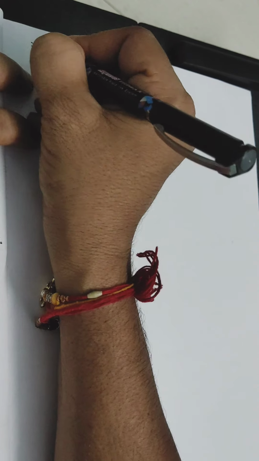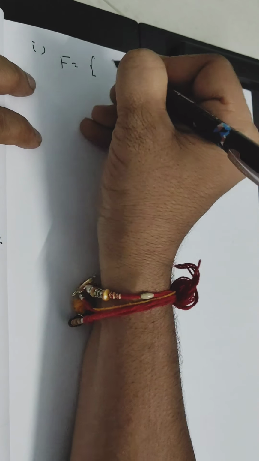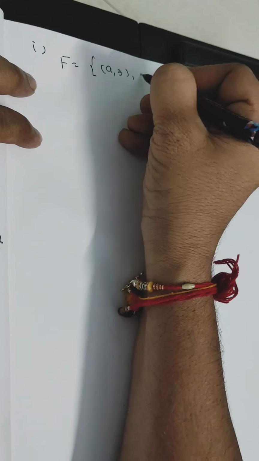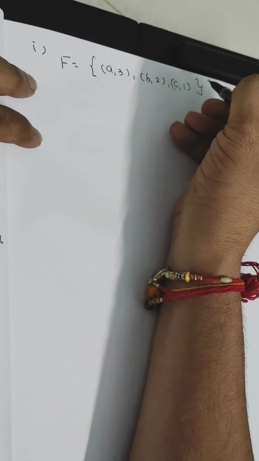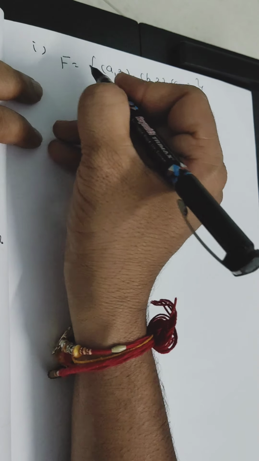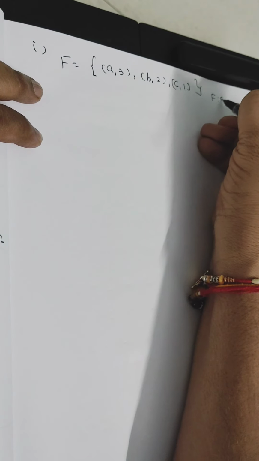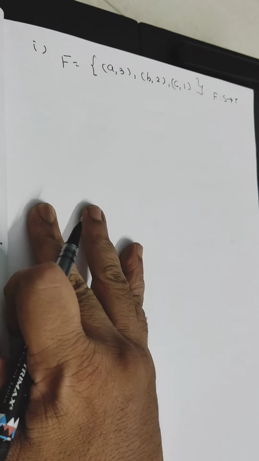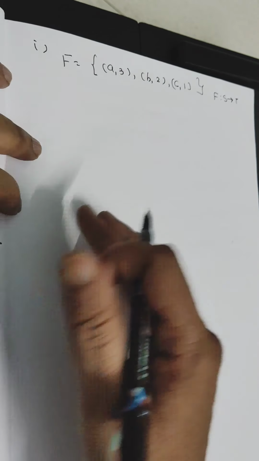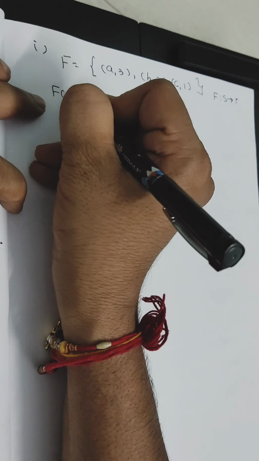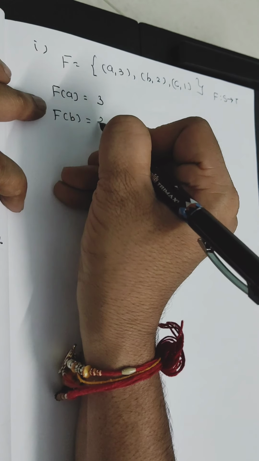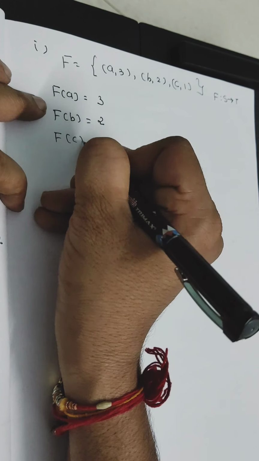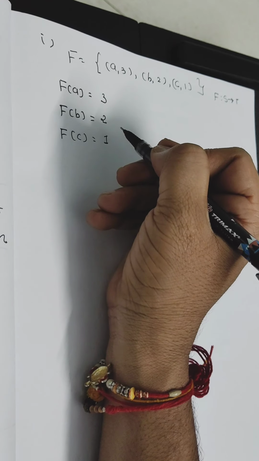Now f is given like this. Suppose in the first one, f is equal to a to 3, b to 2 and c to 1, and the function is defined from S to T. Here we are aware that f of a is equal to 3, f of b is equal to 2, f of c is equal to 1.